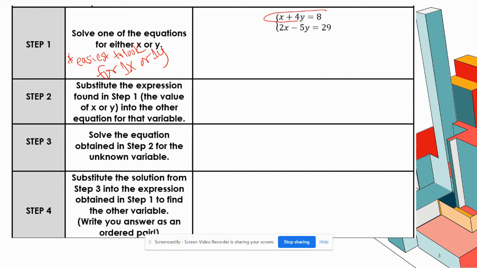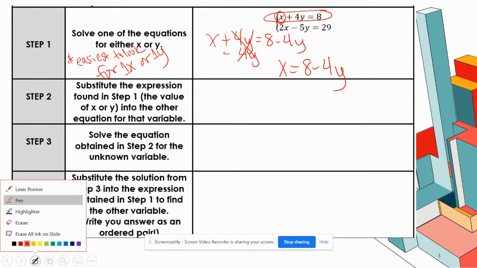I'm going to pick this top equation then, because this is a 1x. I'm going to take that 1x and get it alone. So I'm going to subtract 4y to the other side, and I have x is equal to 8 minus 4y.